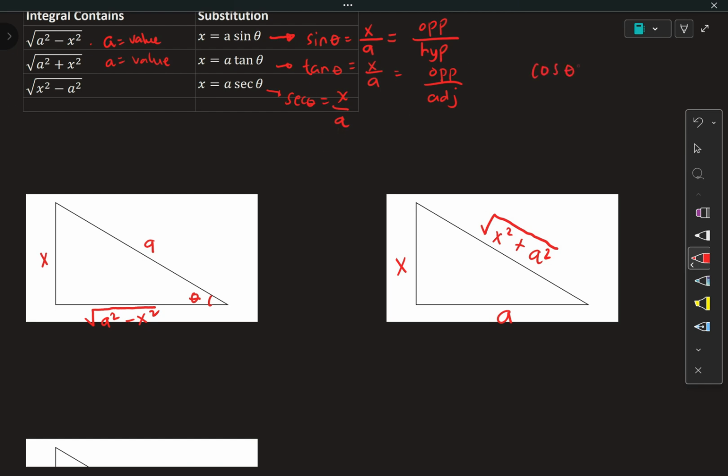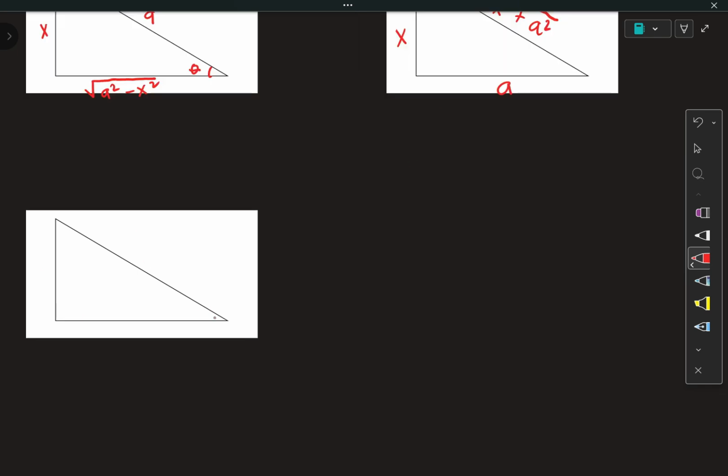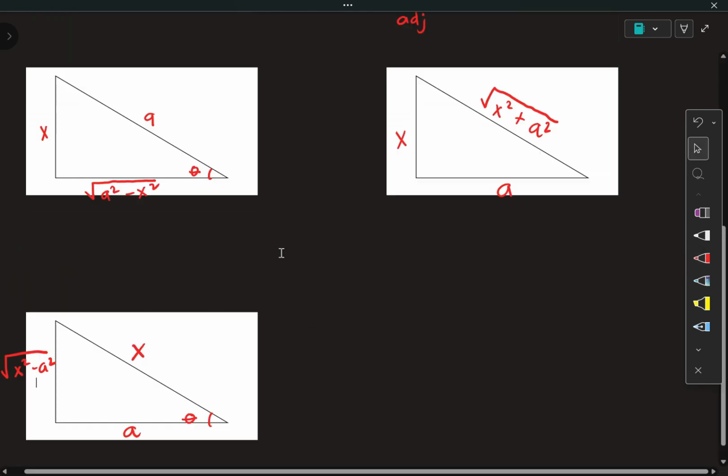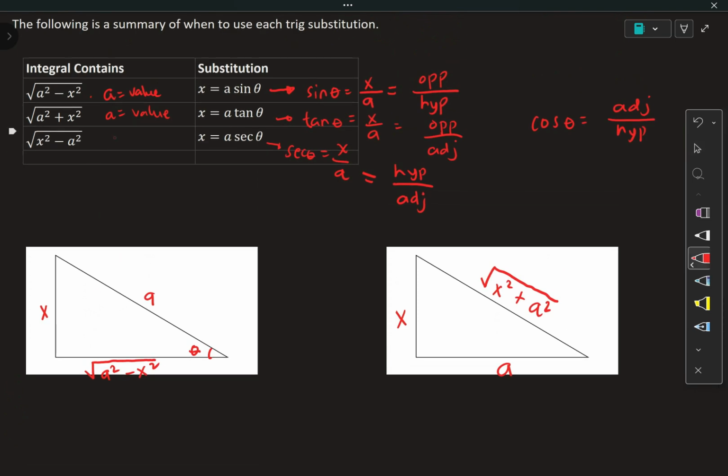Since cosine theta is equal to adjacent over hypotenuse, secant theta is equal to hypotenuse over adjacent. So the hypotenuse is x and the adjacent is a, therefore the opposite is the square root of x squared minus a squared.